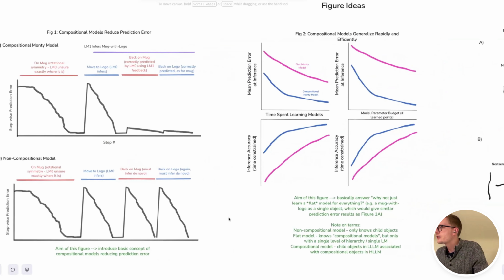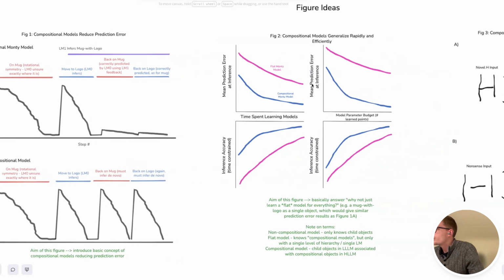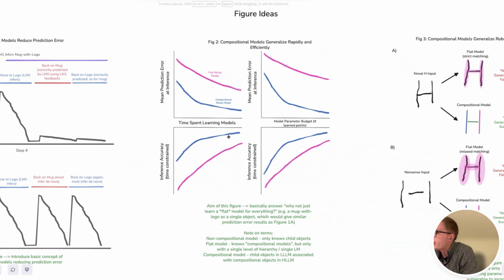So then to continue the story, the reason you don't want to just do that and learn everything with flat models is basically because the compositional models generalize much more rapidly and much more efficiently. One way we could explore that is looking at two independent variables.